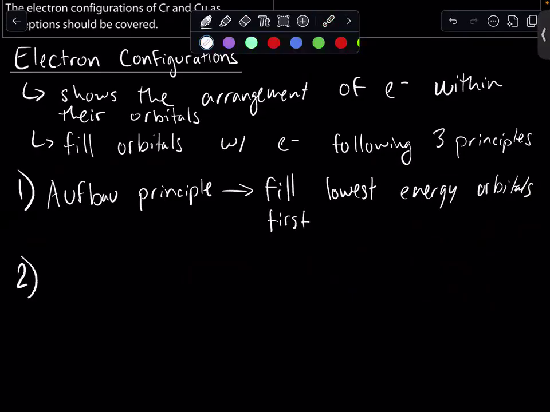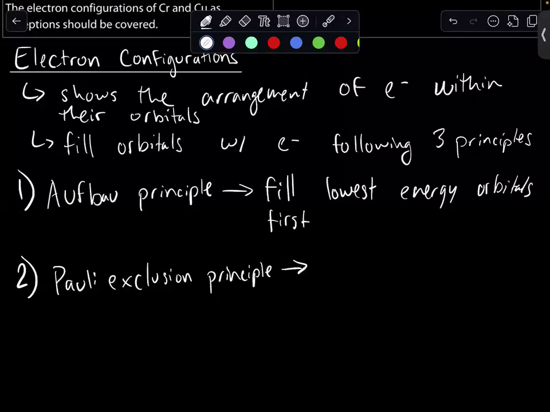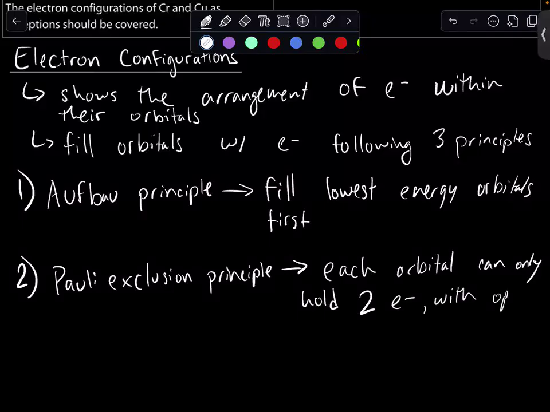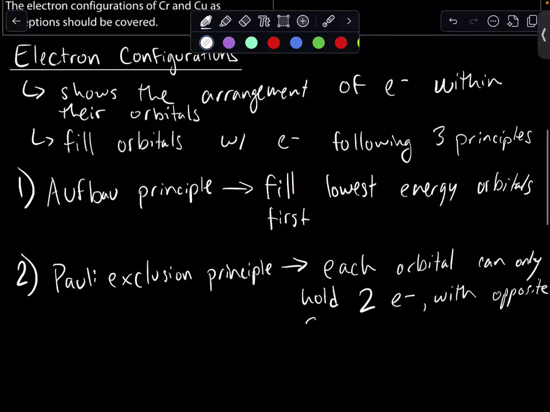Number two, we have the Pauli exclusion principle. Now, you don't necessarily need to memorize these names. You just have to understand how to use these rules, and you're going to get a lot more practice using them than learning the names. But this tells us that each orbital can only hold two electrons. We already knew that from our previous lesson, but we're going to add something: opposite spins.